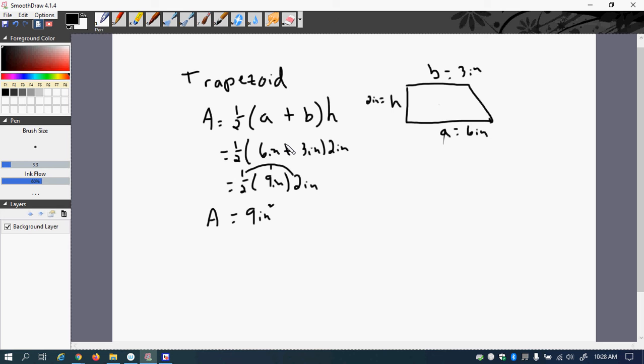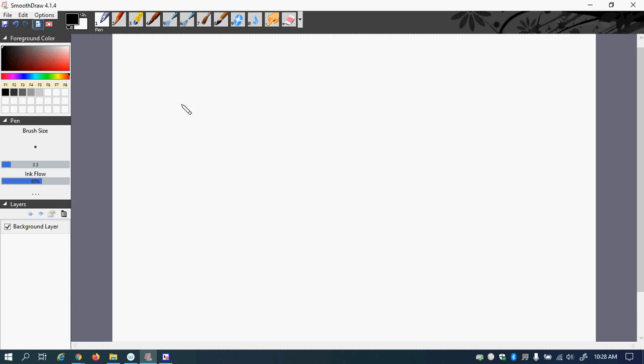Now, to actually do the box situation, we are doing the volume of a box. That's really the length multiplied by the width multiplied by the height.